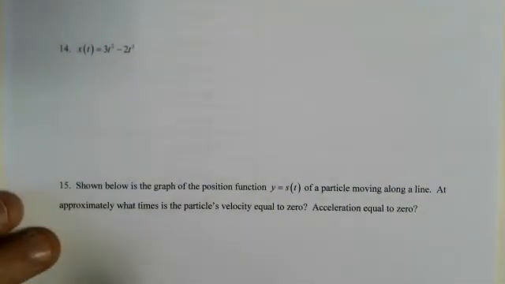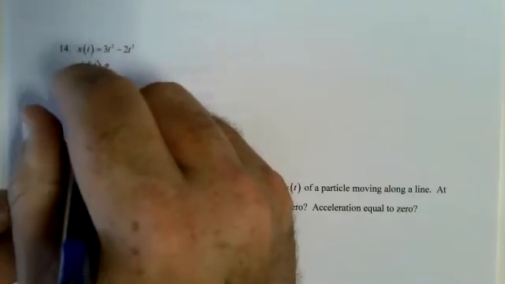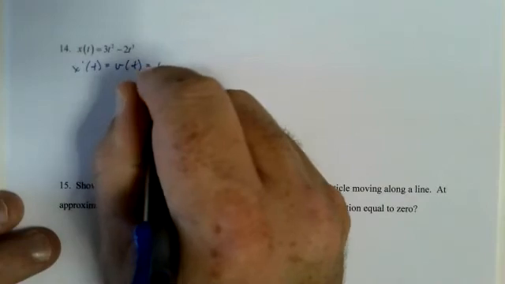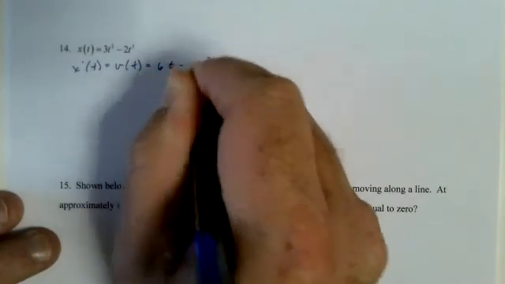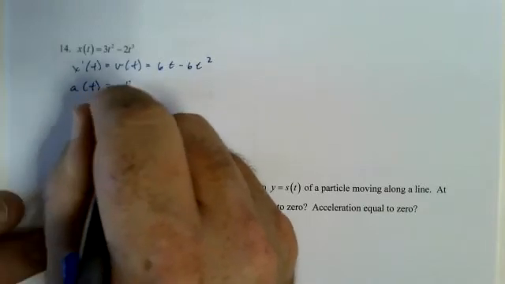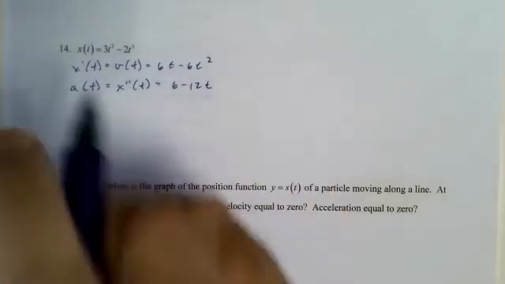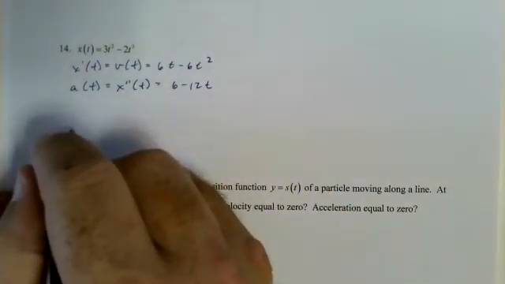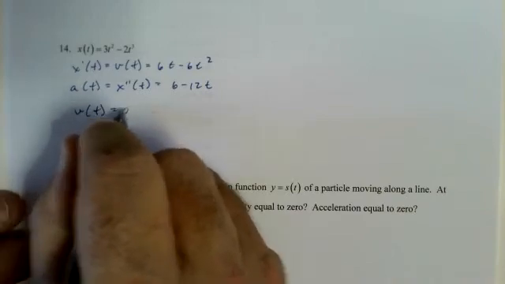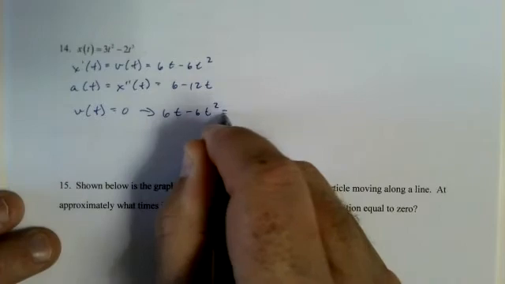All right, let's check this out. x prime of t equals v of t. Kind of got that backwards. It's 6t minus 6t squared. a of t equals x double prime of t, 6 minus 12t. v of t equals 0 when 6t minus 6t squared equals 0.